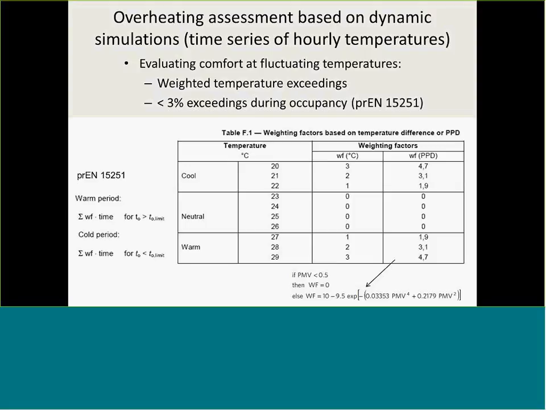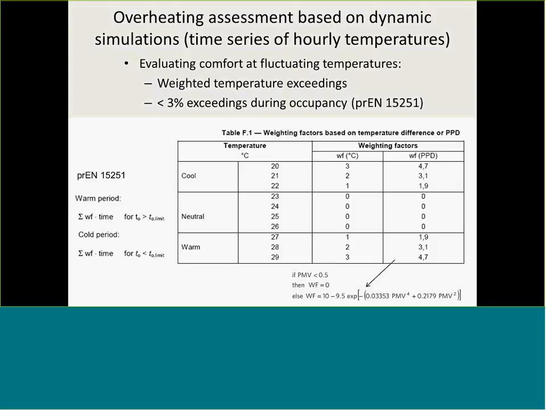We'll use temperature exceedings above a given PMV, typically a predicted mean vote PMV of 0.5, which corresponds for residential situations to an upper temperature of 26 degrees C. And the temperature exceedings above this temperature are counted.